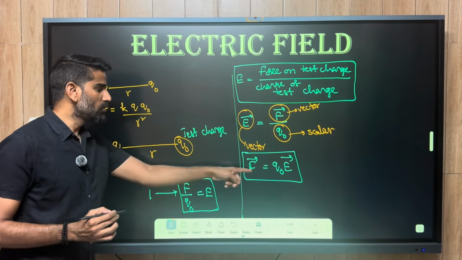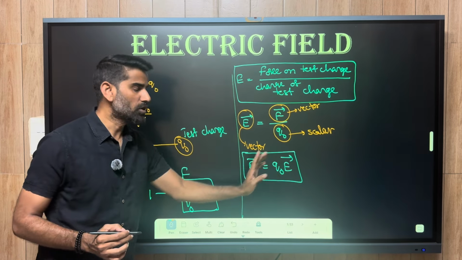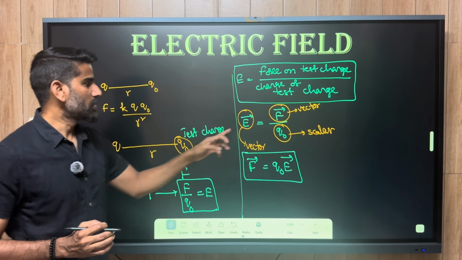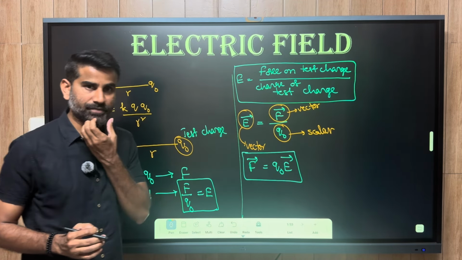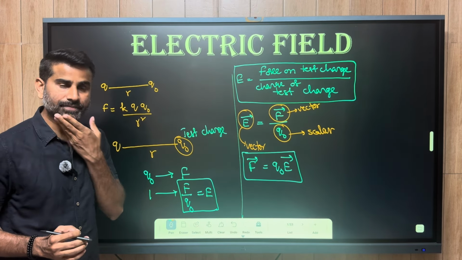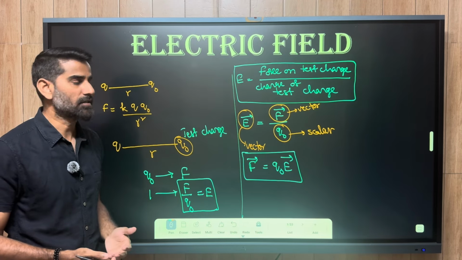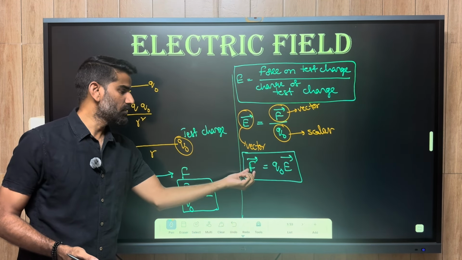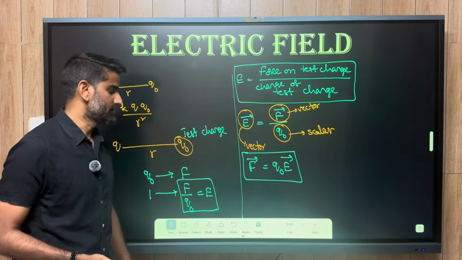So this is one formula relating the electric field and the force between the charges, especially on the charge: the electric field due to the charge and the force on the charge.